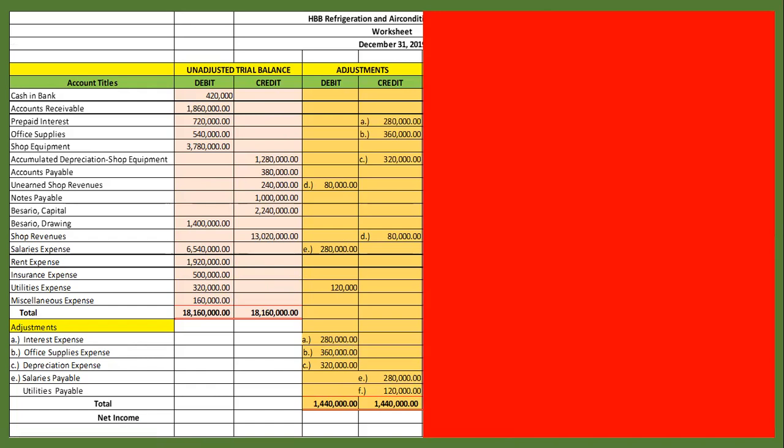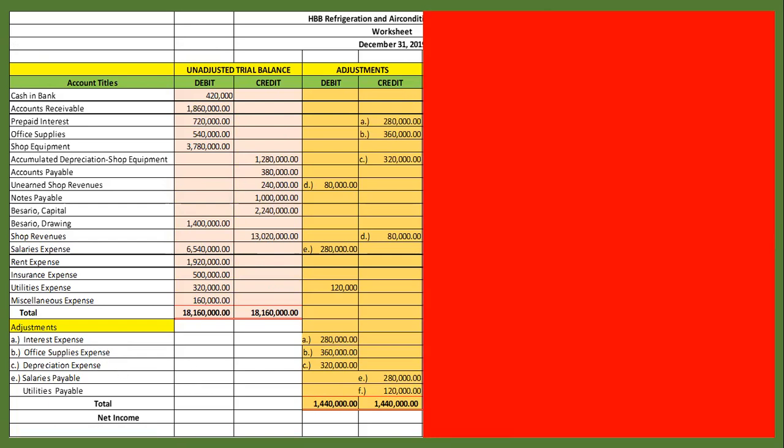Then your credit is prepaid interest. And notice that in the account titles, we have already a prepaid interest account. So you just have to post under the adjustment columns, credit side, 280,000. Okay, so that is for the first item for adjustment.